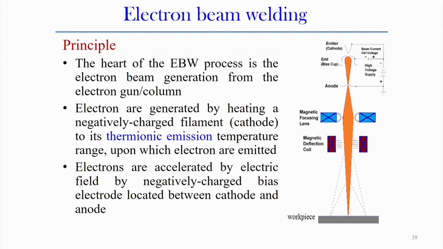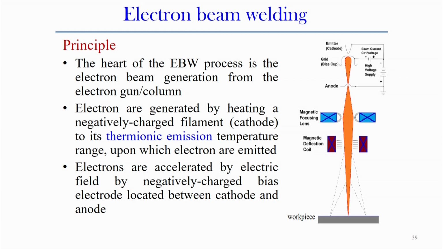Of course, it is mostly known, but here we can summarize what principle the electron beam welding process follows. The first point is that the heart of the electron beam welding process is the electron beam generator from which the electrons are emitted, called the electron gun or electron column.